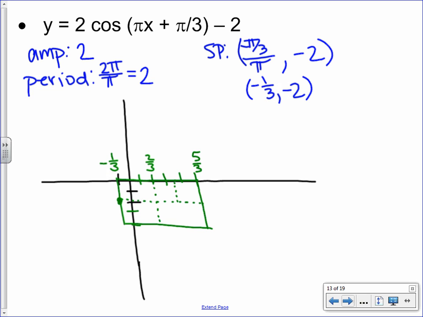Cut in half would be 7/6. Halfway between negative 1/3 and 2/3: add them together to get 1/3. Cut it in half, 1/6. I'm labeling those for right now. I'll erase them when we label our points.